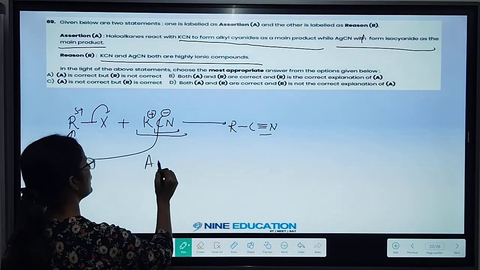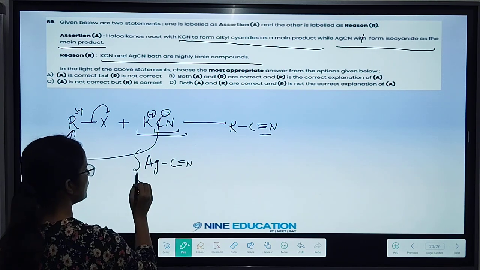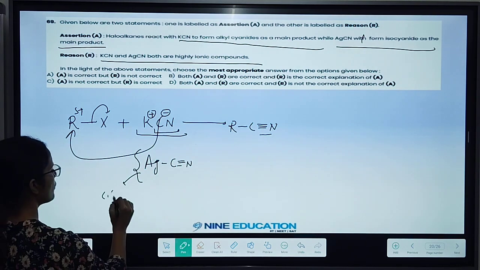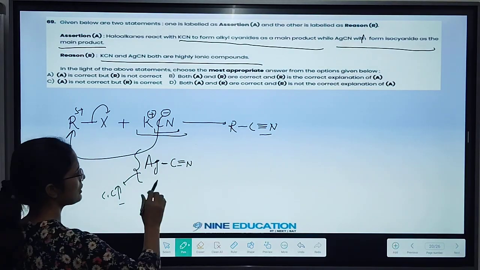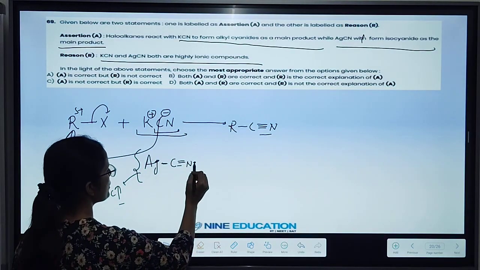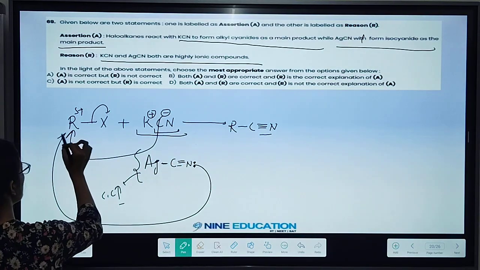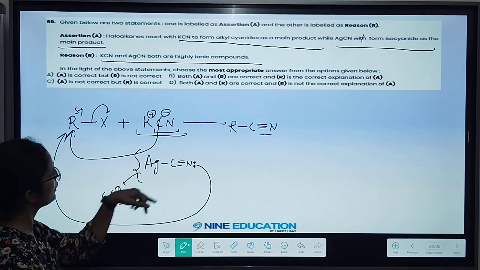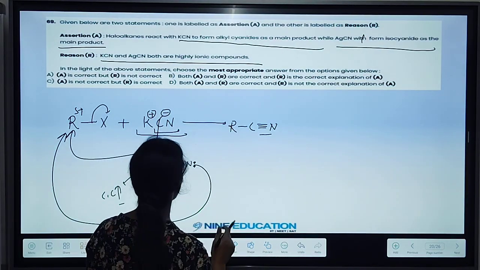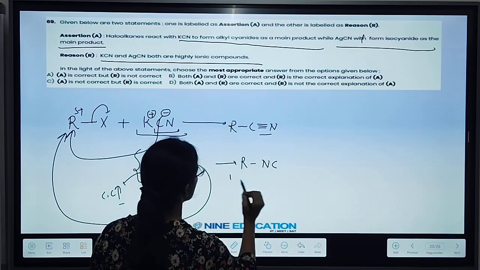But when we have AgCN, it is a covalent compound, or has more covalent character, so it will not furnish that many CN minus. The other option for it to behave as a nucleophile is that nitrogen can use its lone pair and attack at the R carbon. When nitrogen attacks the R carbon, we finally get R-N-C.